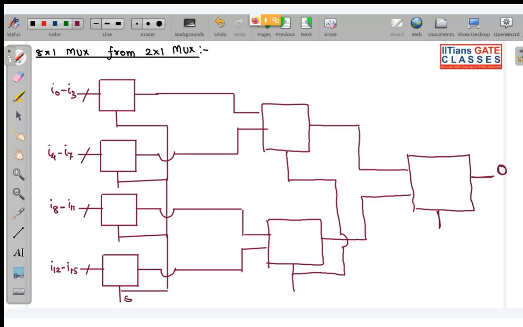So this will be S0, this will be S1, and this will be S2. This selection line will be MSB and this will be LSB.